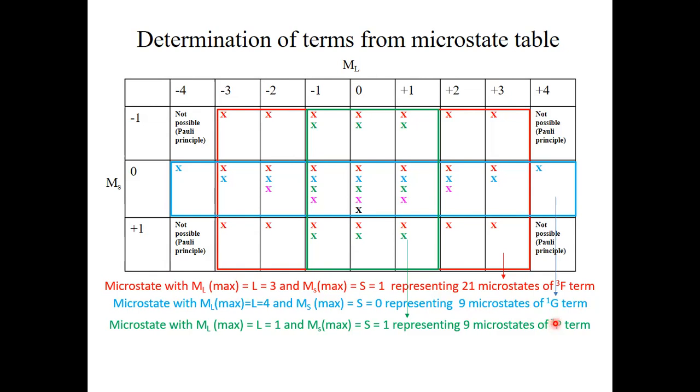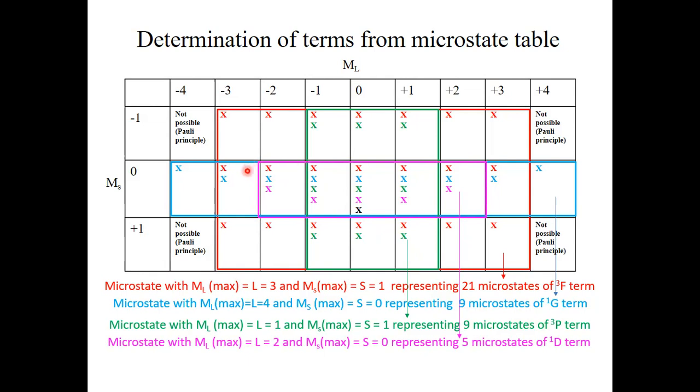Okay, now do we still have any states that we didn't consider? And there's actually these 5 here, okay, in this box, which define a 1D term. Why is it a 1D term? Because within this purple box, the state with the highest ML is actually this state.